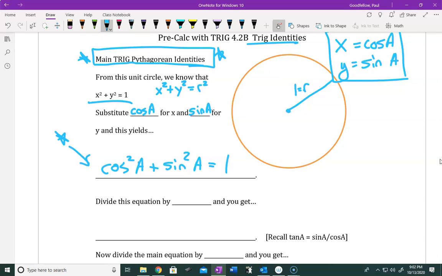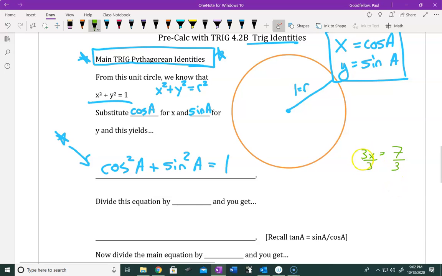Now, what happens, though, is sometimes it actually will show up like a wolf in sheep's clothing. It doesn't look like the Pythagorean theorem, but it is another form of it. Now, I'm always good with saying that I can divide any one of the sides by the same number. If I was dealing with algebra like 3x equals 7, I'm allowed to divide each side by 3. That's the division property of equality.